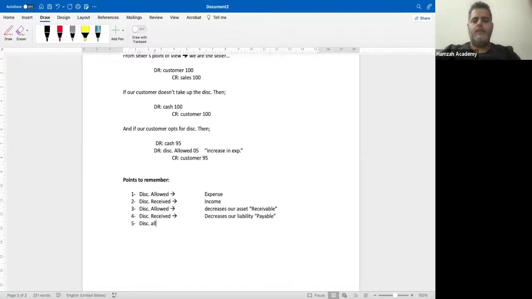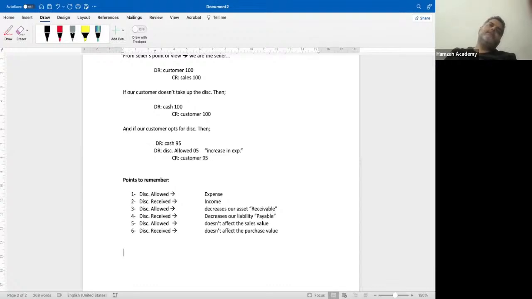Then discount allowed doesn't affect the sales value, and discount received doesn't affect the purchase value, right? So this is what we have to keep in our mind regarding what the effect is going to be. These are the points which you have to remember: discount allowed is an expense, discount received is an income.